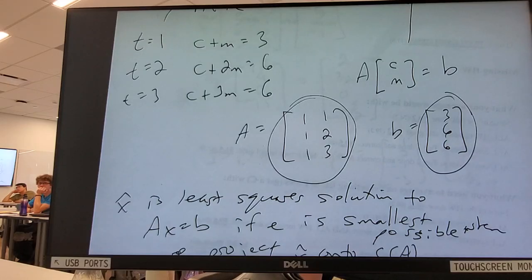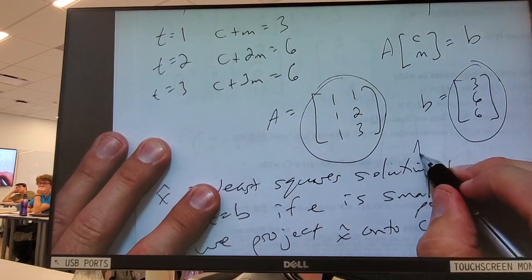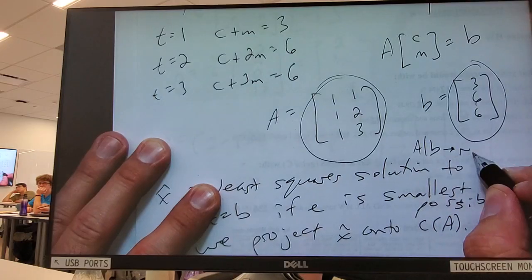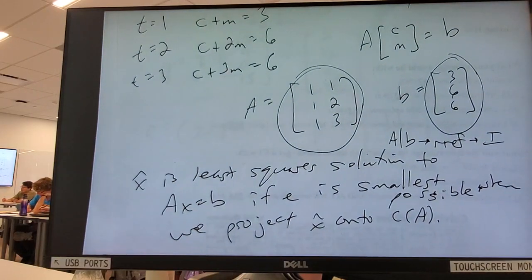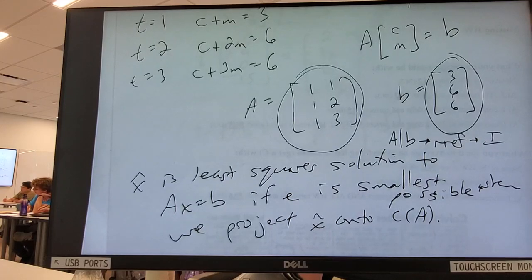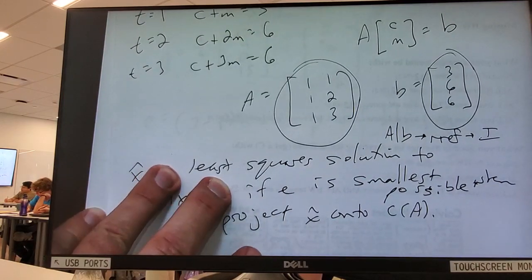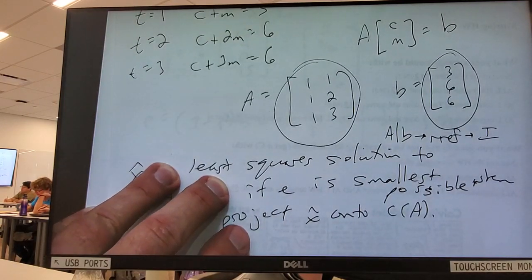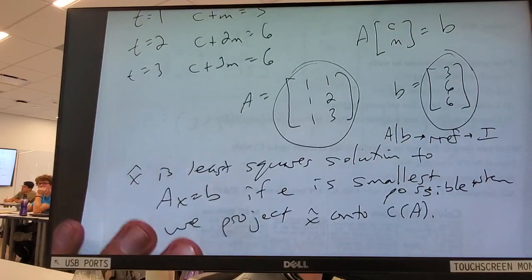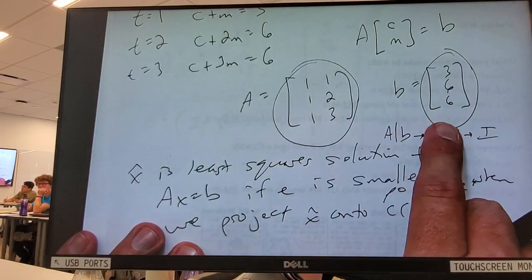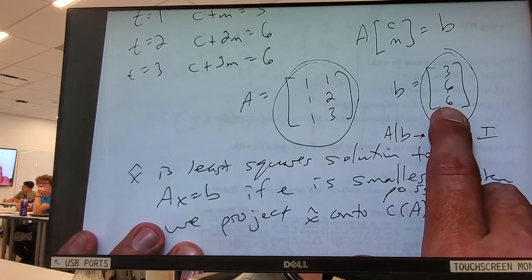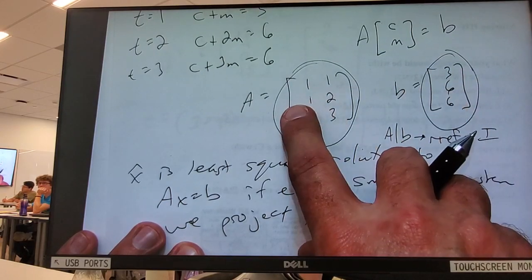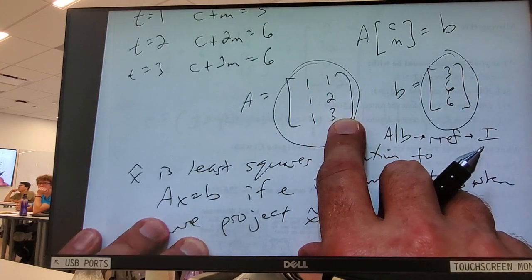So if you put B in with A and row reduce it, you get the identity. Now, in general, what would that mean is true about these 3 column vectors? So is this in the column space of these? No.